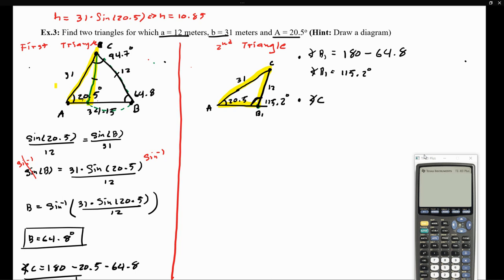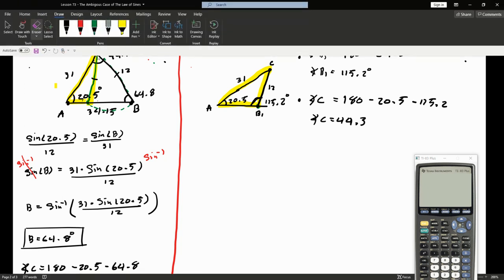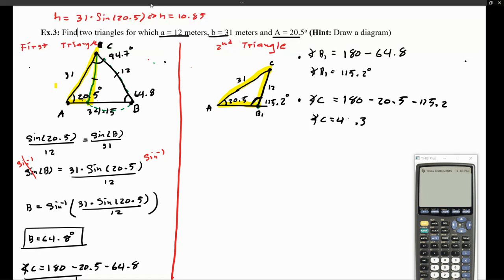Well, angle C for this second triangle is going to be equivalent to 180 minus 20.5 minus 115.2, which is equivalent to 44.3.